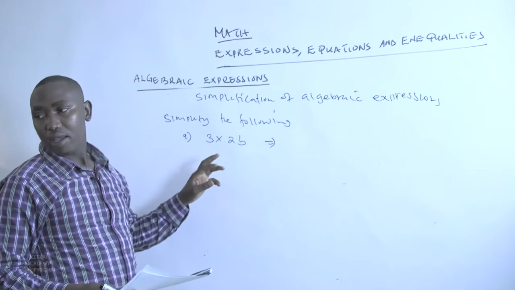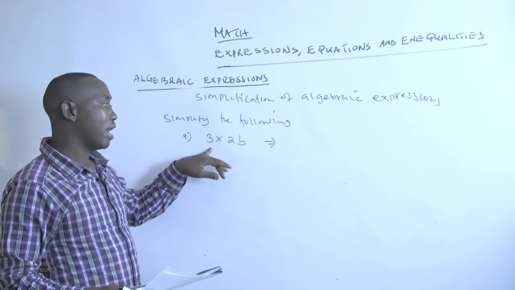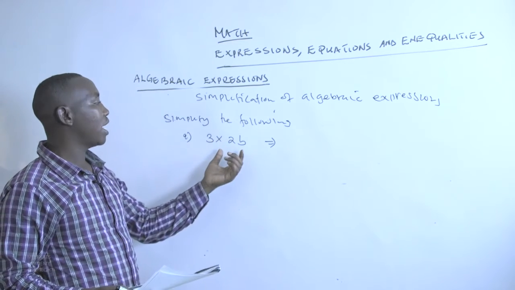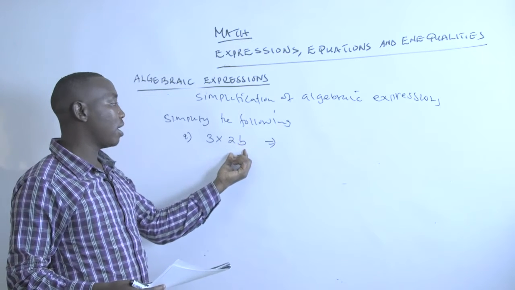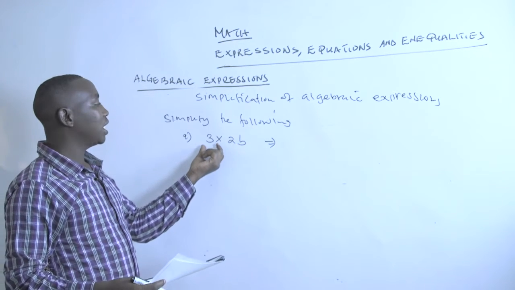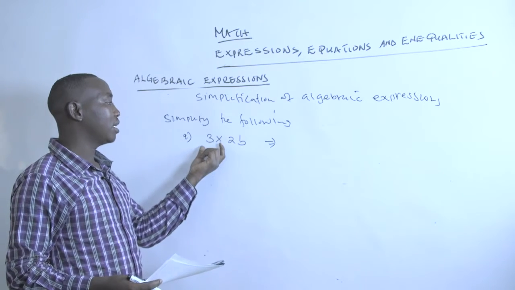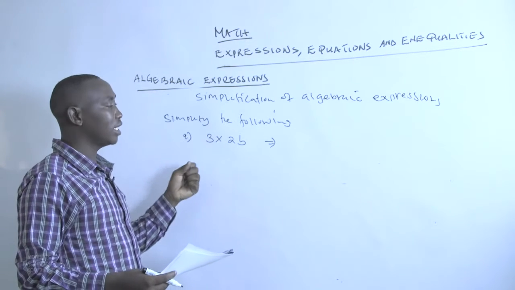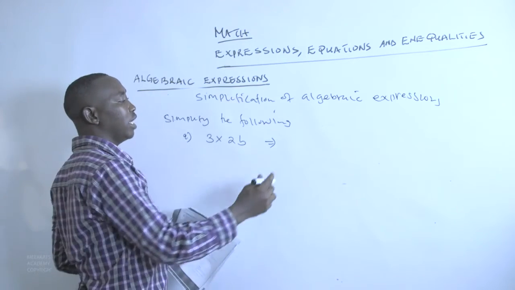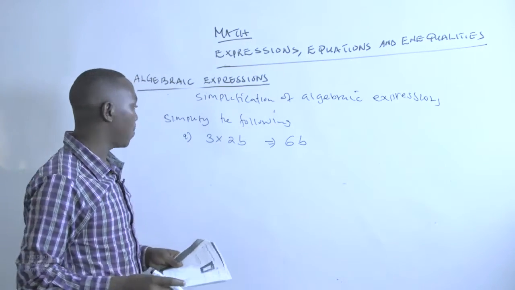In this particular example, we are having the number 3 being multiplied with another term, which is a number and a pronumeral, 2b. So in this case, you multiply the numbers first. We shall have 3 multiplied by 2, which will give us 6. When multiplied by b, it will give us a total of 6b.